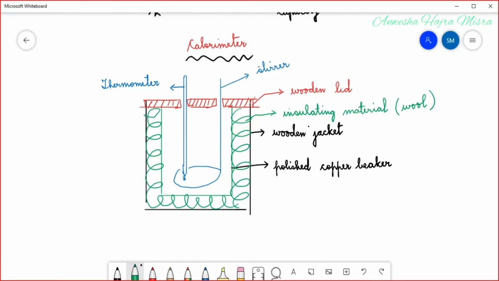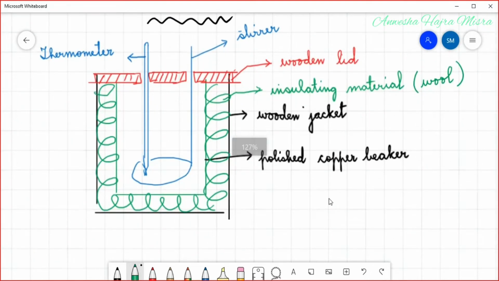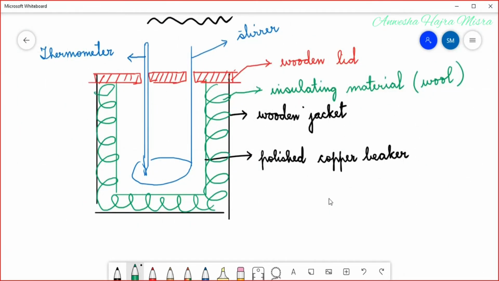Now this copper beaker is highly polished. Why is it polished? This is polished to reduce heat loss by radiation.